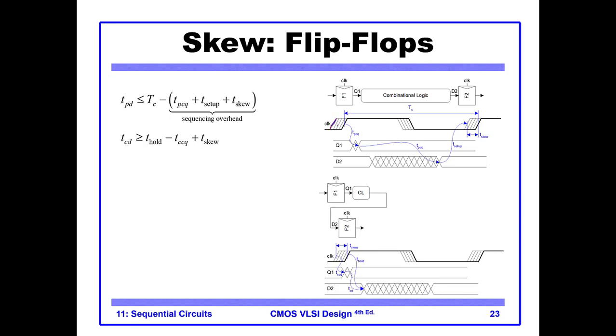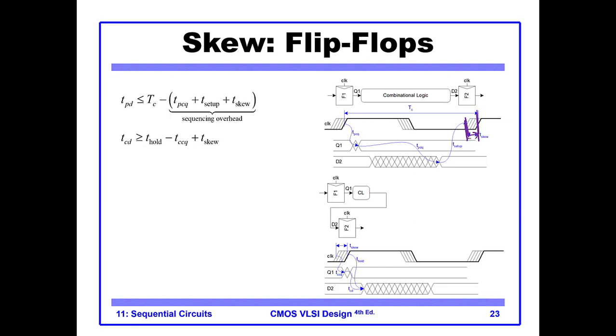Let's say the clock can go high here or here or here or here. Similarly, it can fall here, here, here. So there is an inherent difference between the rise and fall times. So this amount of time from here to here is called T skew.